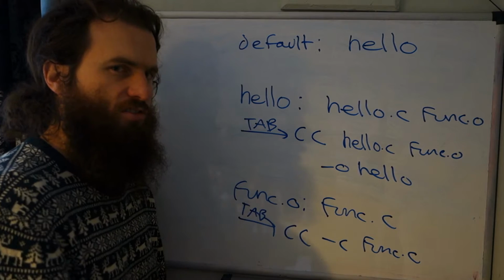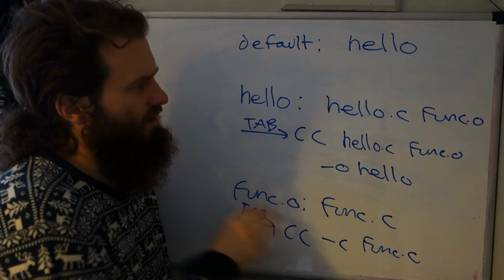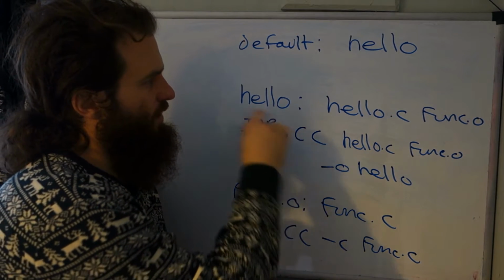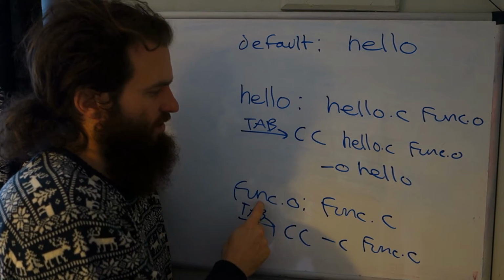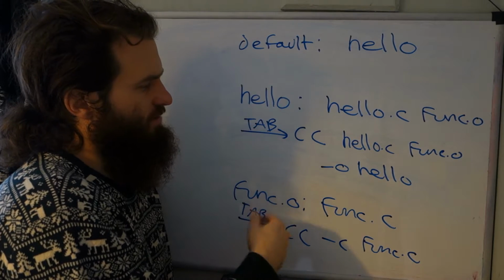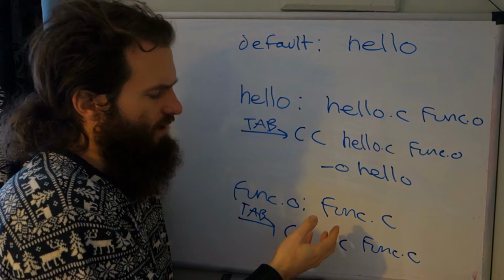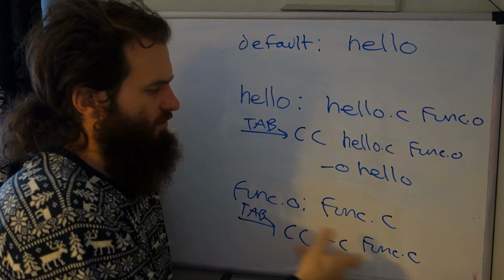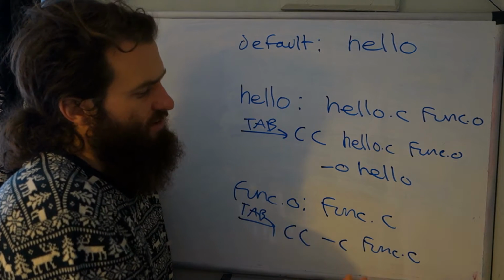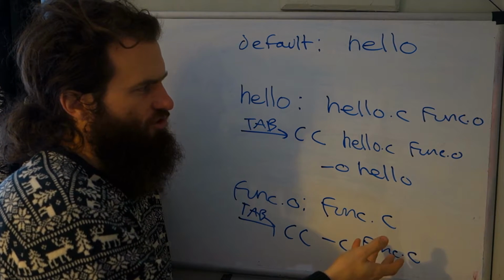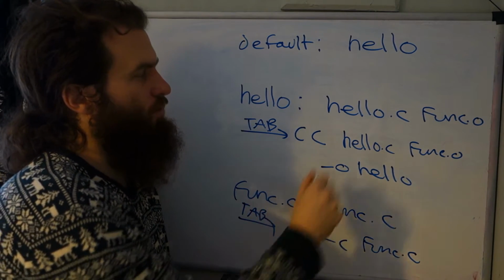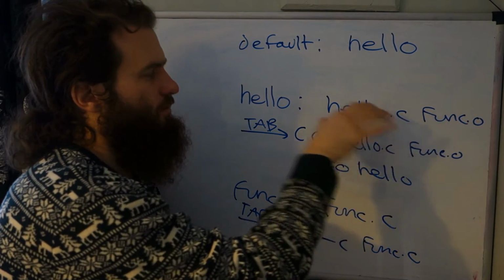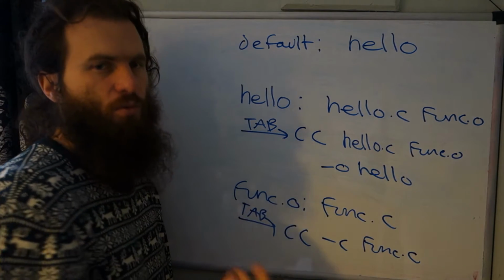We're going to look at this just in a second, but what we've also seen here is that we have a target hello, which has a prerequisite, which is another target. And that target is an object file. And what you can see is that if, say, func.c changed, that means that this target would be out of date and would be rebuilt, which would trigger this target to be rebuilt as well, because this prerequisite will be out of date.